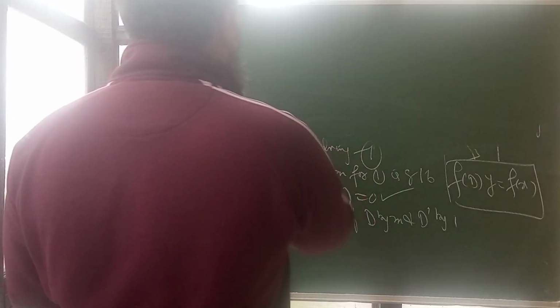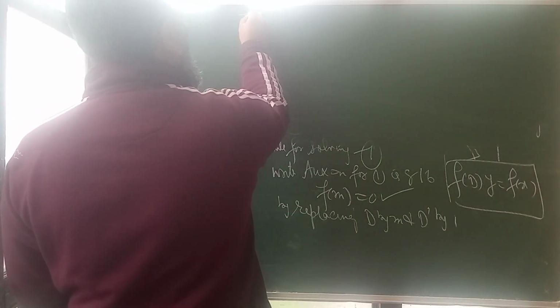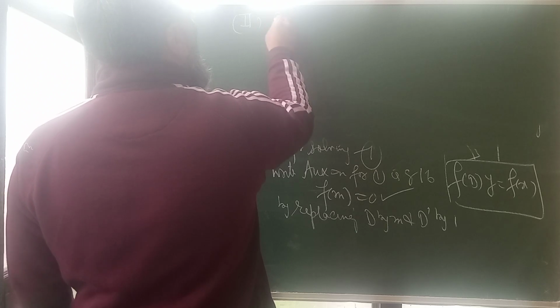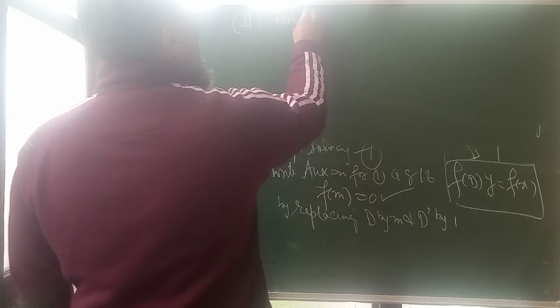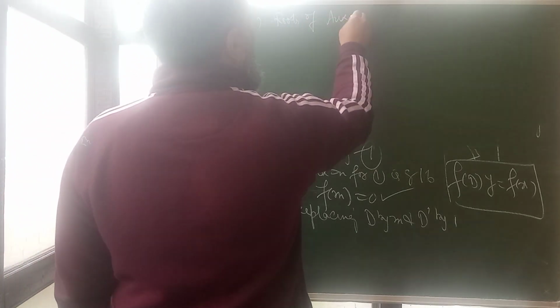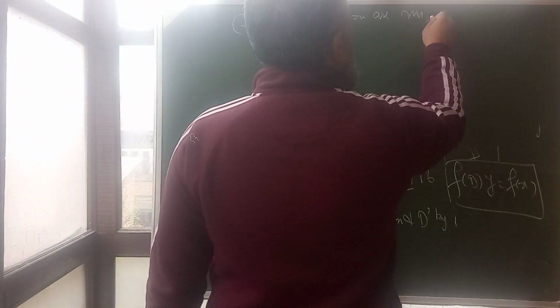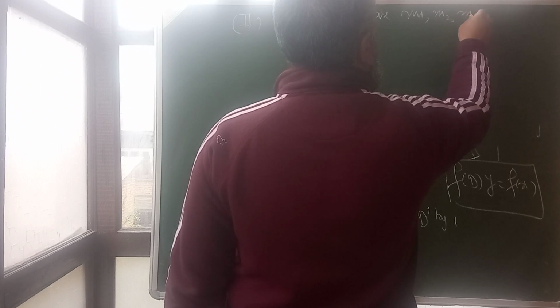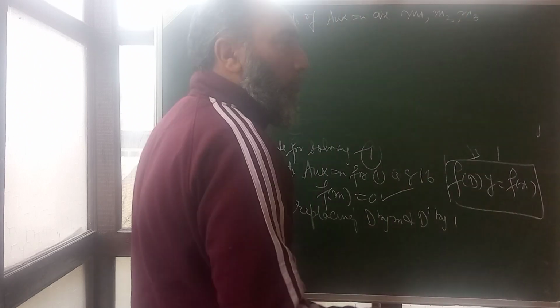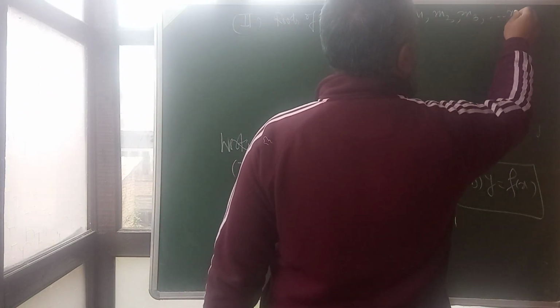See, second is, say roots of the auxiliary equation are say m1, m2, m3. Let me take up only 3 roots, or mn, doesn't matter.